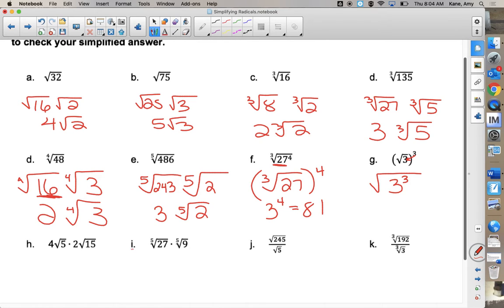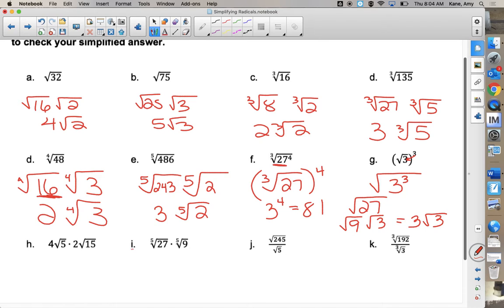And Jack, the square root of 3 cubed is really the square root of 27, which is 9 and 3. And he said 3 square root 3. So it kind of depends on how it's going to benefit you to simplify the problem. Is it better to pull it out, or is it better to take it in and actually apply the power?